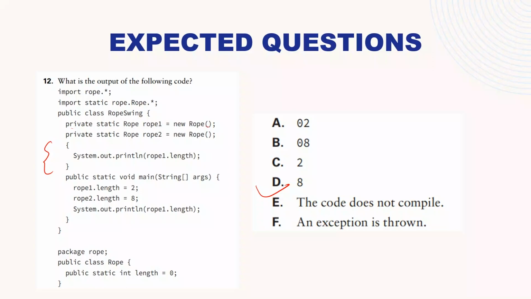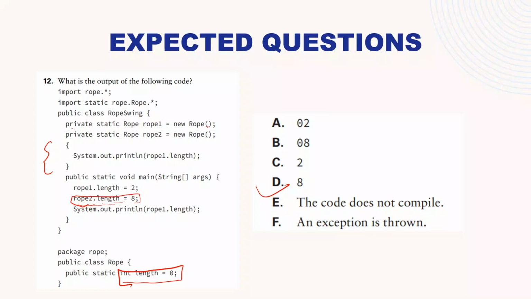So it doesn't run. The other detail is that length is a static variable. At the end, we are setting rope2.length equal to 8. No matter how many objects you create, it will be global for all the objects, because it doesn't depend on the actual object itself.